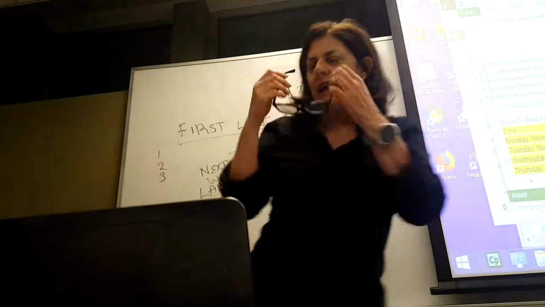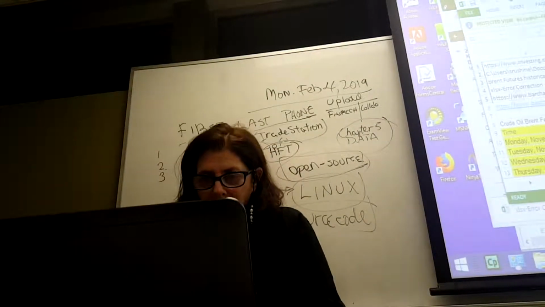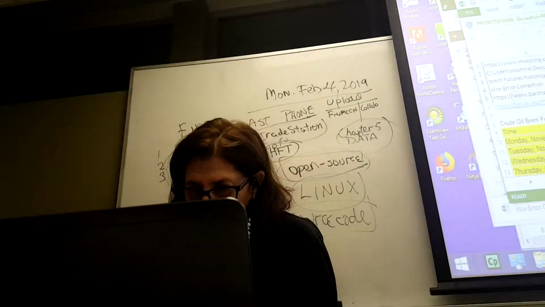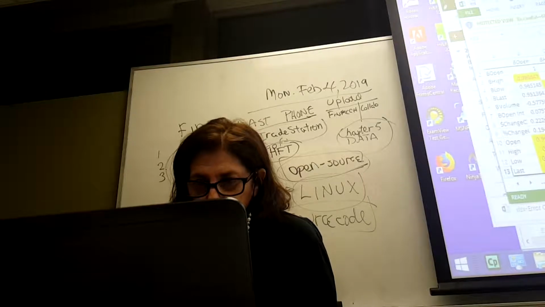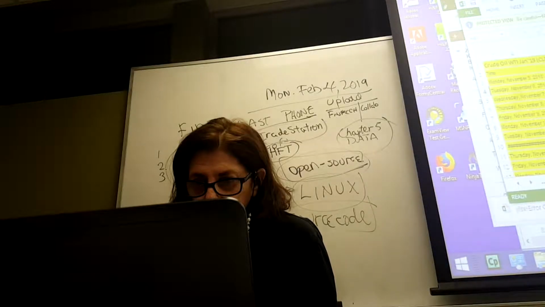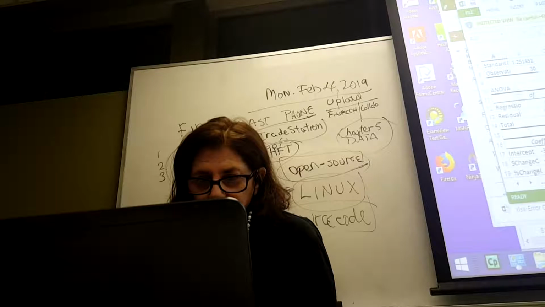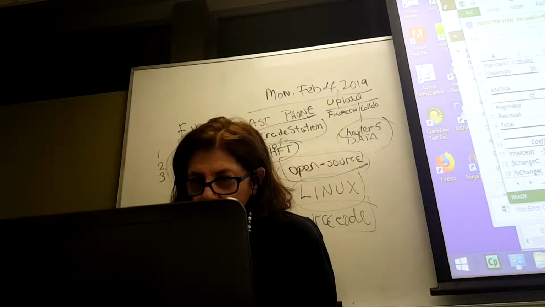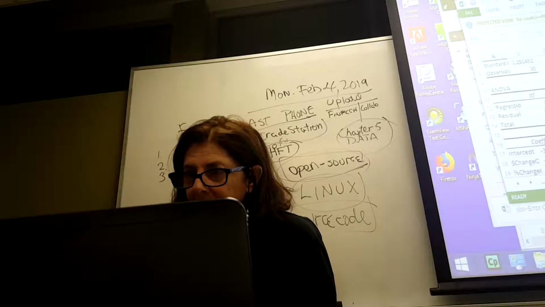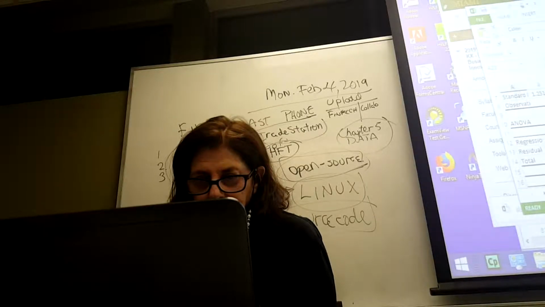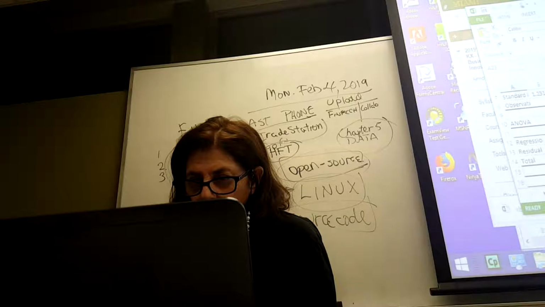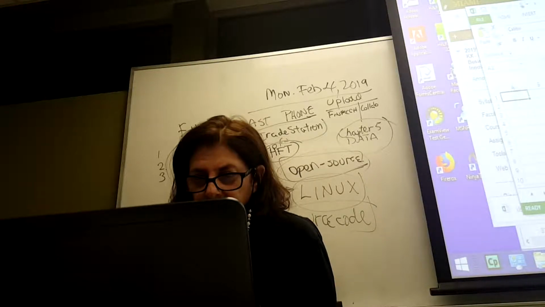So let's do this. Let's open up a sheet. I'm going to add a sheet here. Let me enable editing. You always want to enable editing. So let me open up a sheet. I have a sheet here.